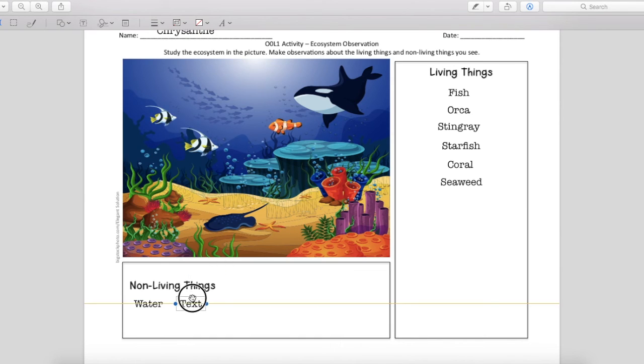So let's add some sand down here. What other non-living things do you see? Looks like there's some rocks over here. And this also might be like a big rock back here. So I'm going to go ahead and add rocks to our list of non-living things.